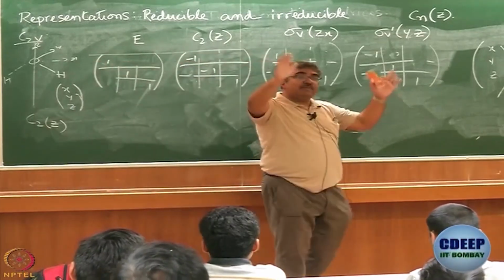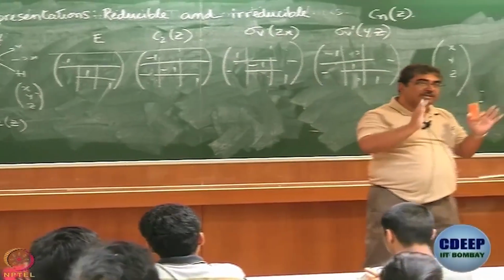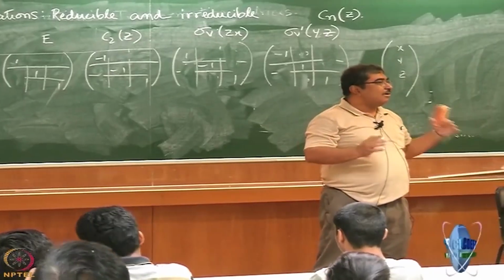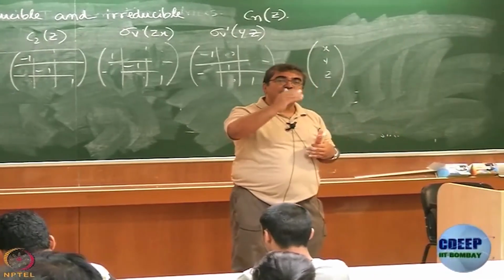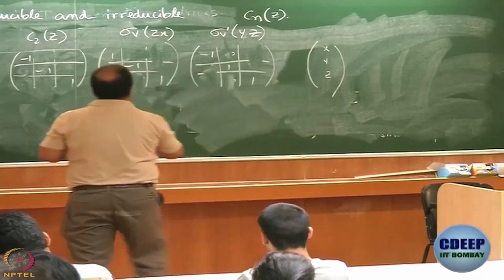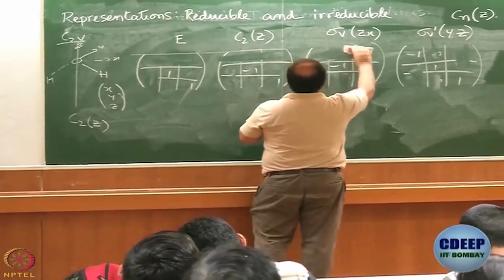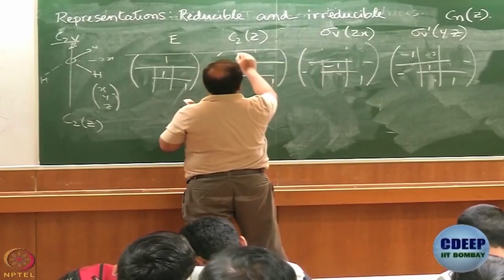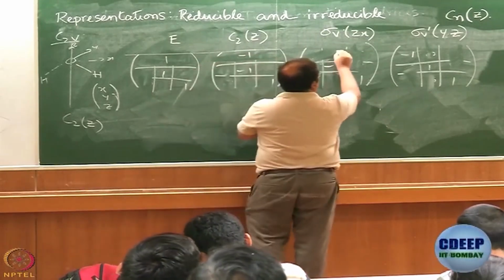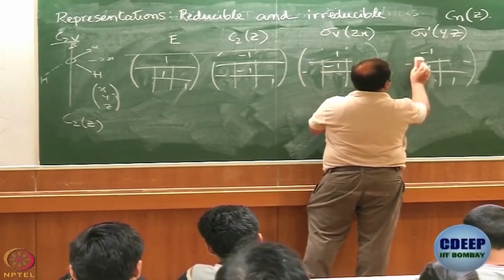In fact, if I look at the entire matrices, that was also a representation. Okay. You look at all the transformation matrices that are there, collectively they form a matrix representation. What we have learnt is how we can reduce a representation to smaller dimensionalities. Okay. So, what I am now saying is that for x, it is 1, minus 1, 1, minus 1.